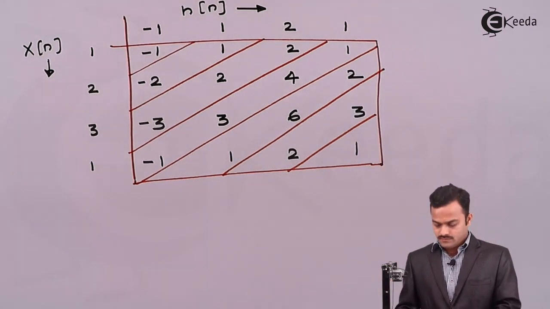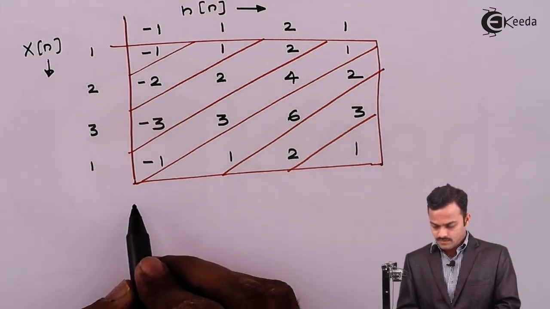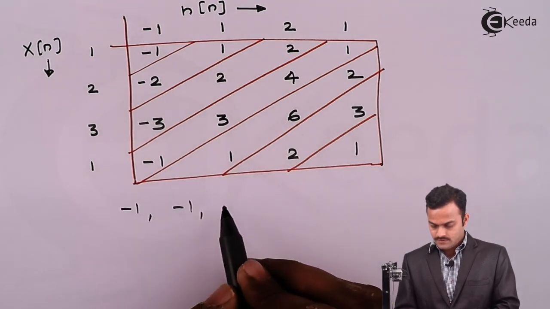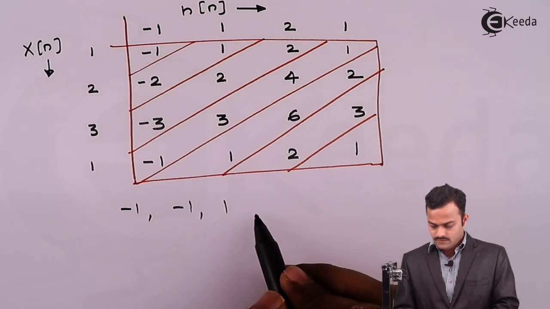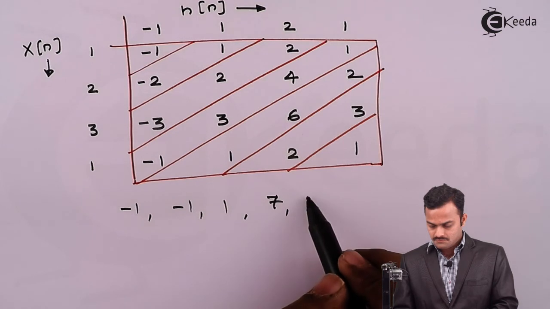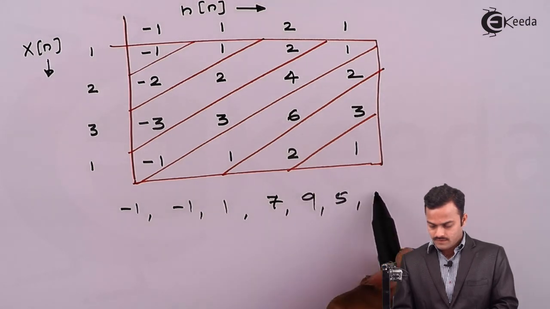So if we solve, we will get -1, -1, 1, 7, 9, 5, 1.